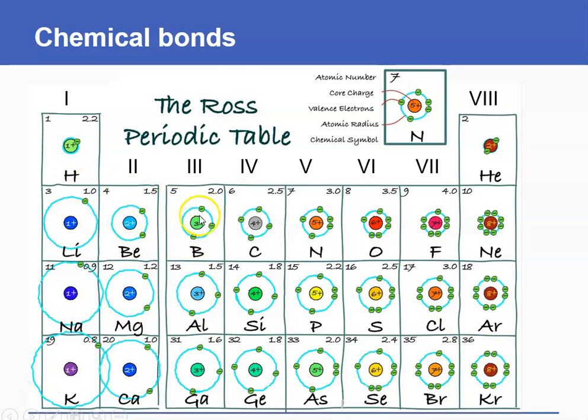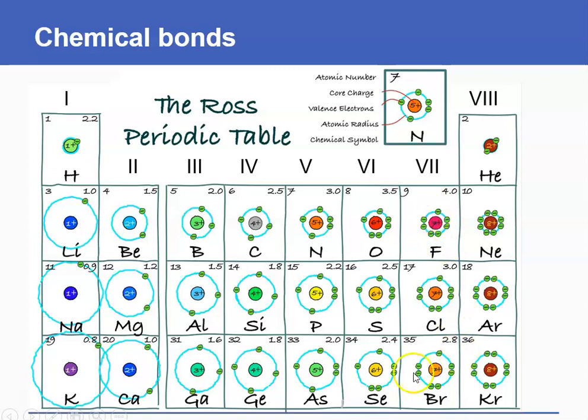They're going to give up their outermost shells, but by the time you get to the atoms that have 4 electrons, they are going to share, and they're going to all need to share 4 electrons to fill up their shells. As we move forward, we can see the same thing. In row 5, they're going to need to share 3 electrons. Row 6, they're going to need to share and get 2 more electrons.